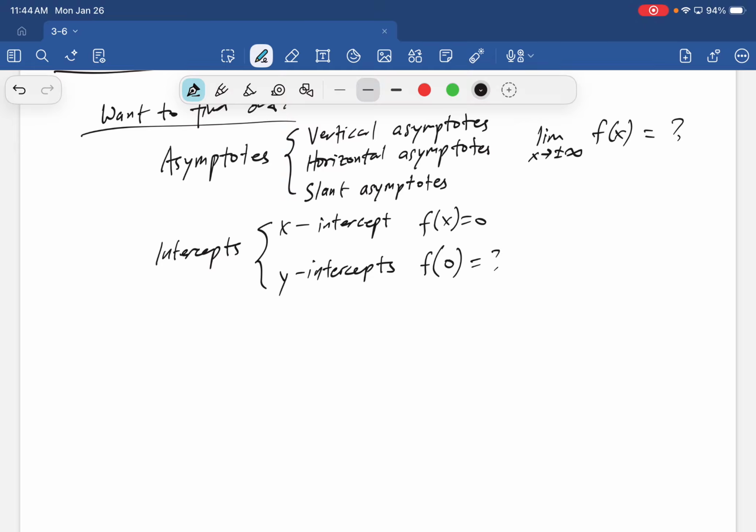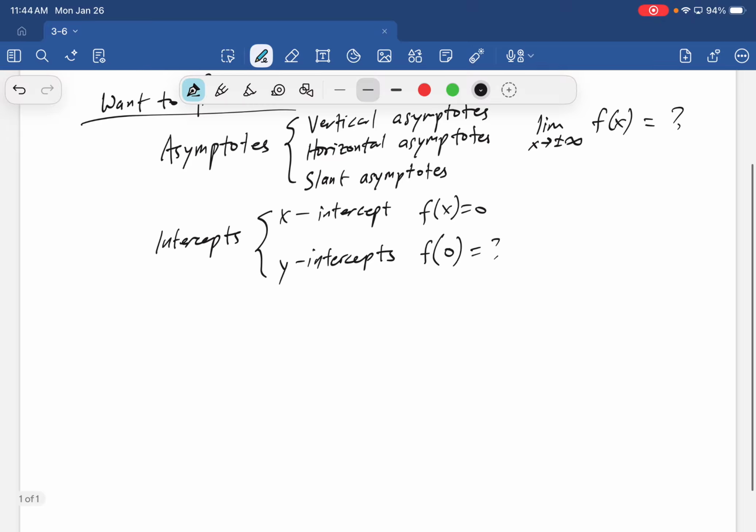Right, y-intercept is where x equals 0, so you just plug in x equals 0 and you can find the y-intercept. All right, so pretty easy so far. What else? So you always know the x-intercept, but you never know the y. No, we're trying to figure out which values of x give us a function value of 0. And those are the x-intercepts, right? That's where it crosses the x-axis.